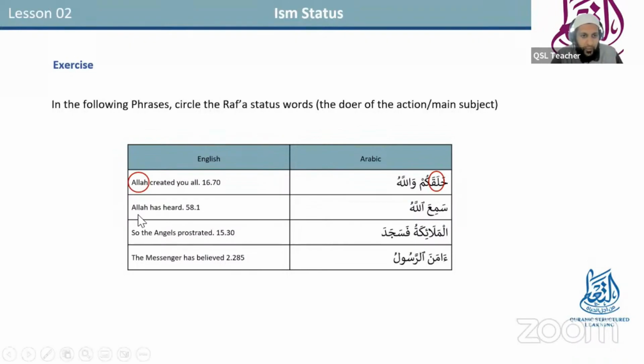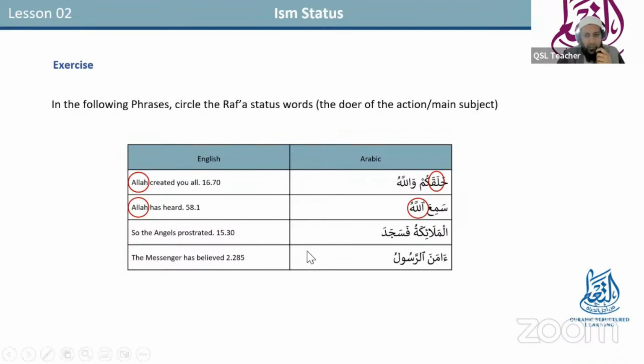So if you look at the second example, Allah has heard. Sami Allahu. So the action word is heard. And who's doing the hearing? The word Allah. So therefore, the word Allah is rafa'. Third one, the angels prostrated.